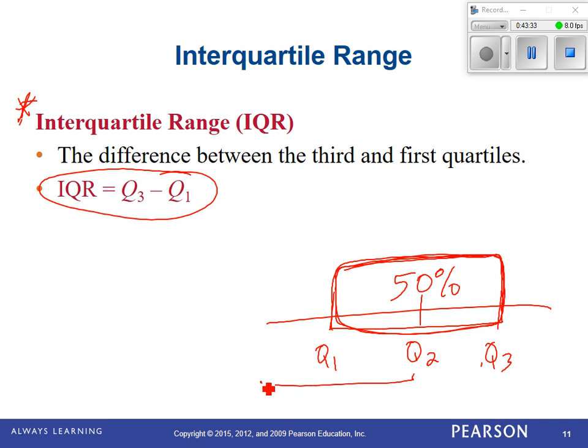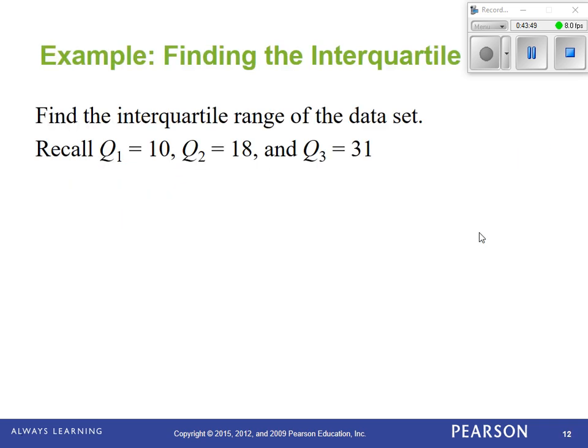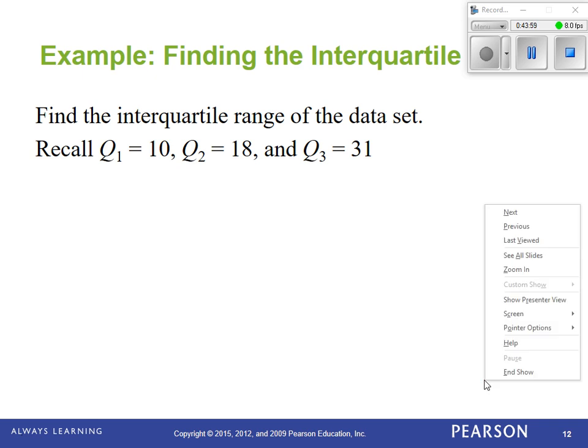The interquartile range is dealing with the ones in the middle. How much of the data is going to be over here? 25%. And how much over here? So if we're going to find the interquartile range for this, we just take quartile 3 minus quartile 1, 31 minus 10 is 21. So that's the interquartile range.